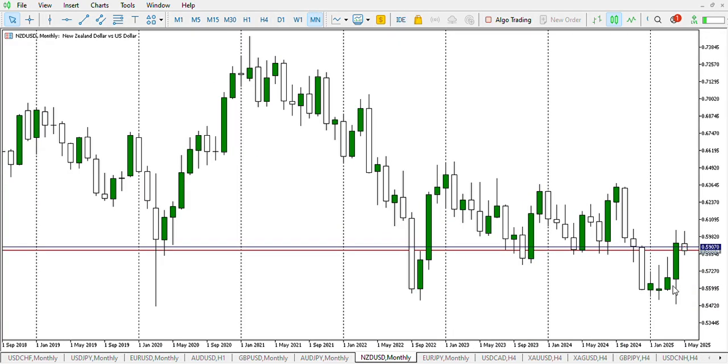You can see this has not made any significant swing points for the year. You can see the swing points for this year. You can see the swing points for this year as well.